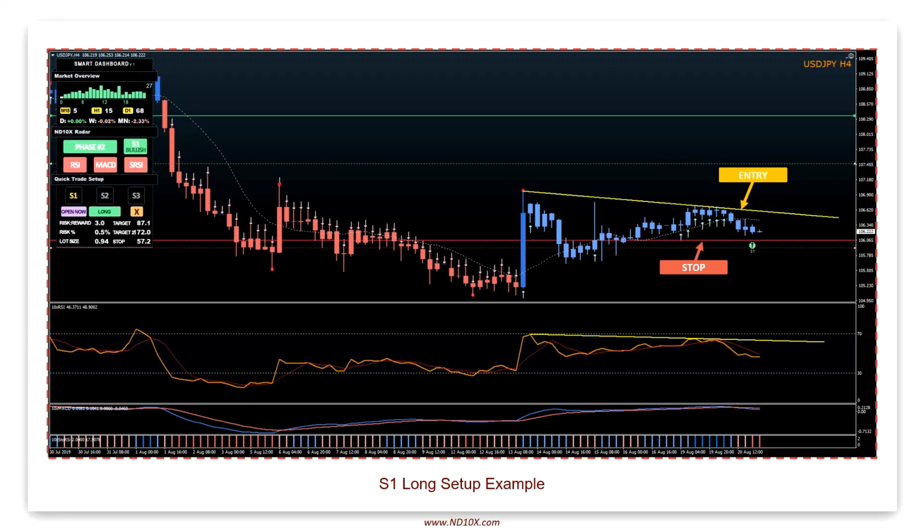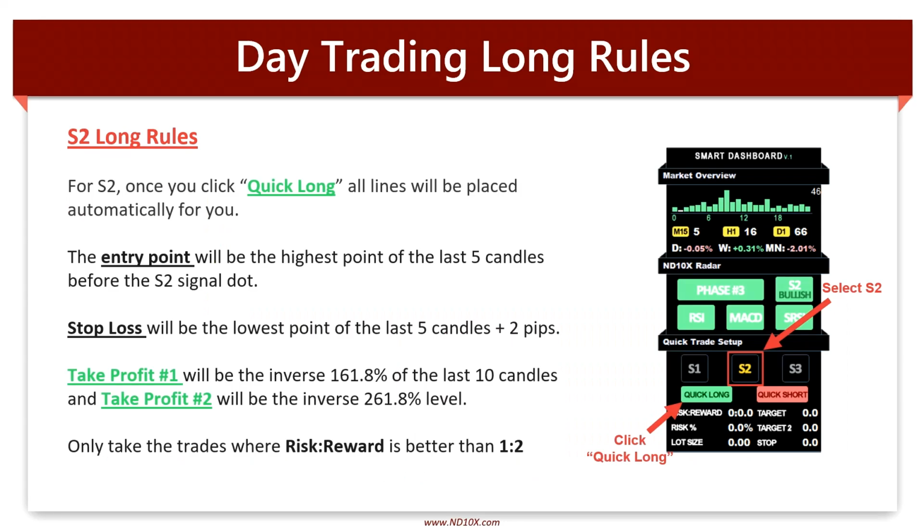After that, we have that stop line, a solid red line. Put it at the lowest point of the S1 and give a few pips just for the spread. After that, our take profit 1 line would be set automatically to 1 to 2 risk reward, and our take profit 2 green solid line would have that 1 to 3 risk reward.